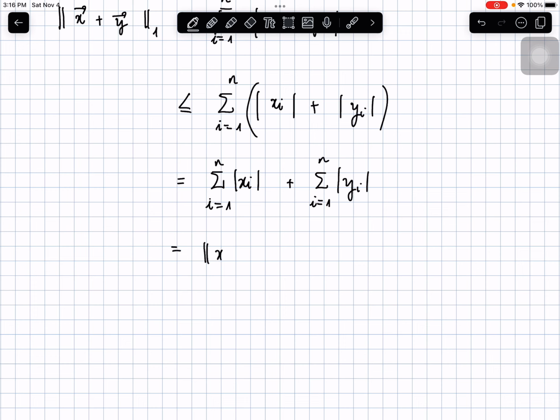By definition, this is norm 1 of x plus norm 1 of y. So condition 3 is satisfied, and therefore this defines a norm on Rn.